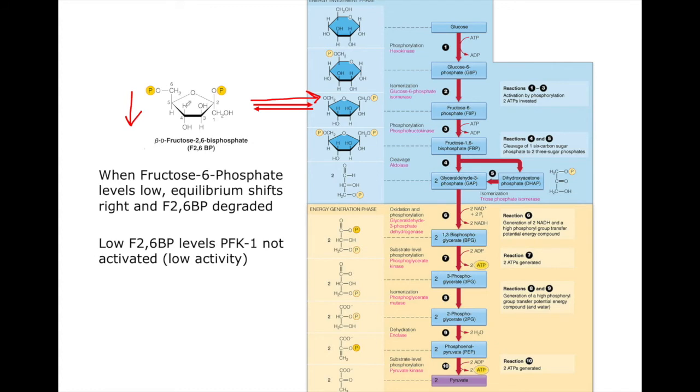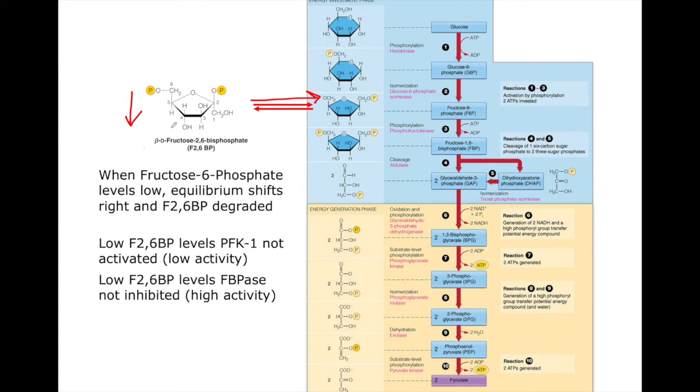Well, when fructose 2,6-bisphosphate levels begin to drop, then we're removing that activator of PFK1. So PFK1 will not be active. It'll have a low activity. When fructose 2,6-bisphosphate levels become low, fructose 1,6-bisphosphatase is no longer going to be inhibited, because this is an inhibitor of that phosphatase.